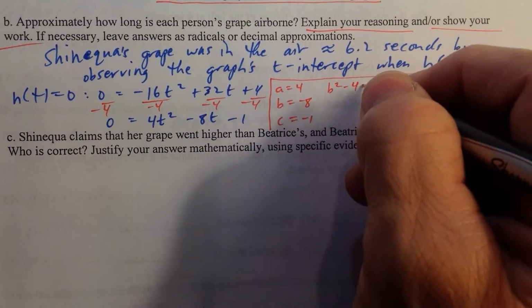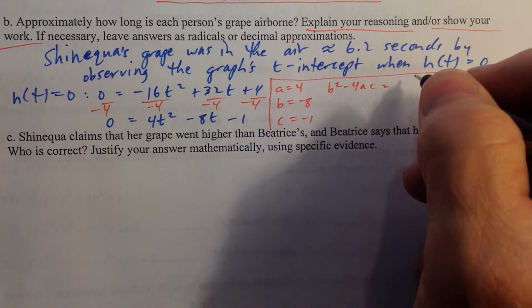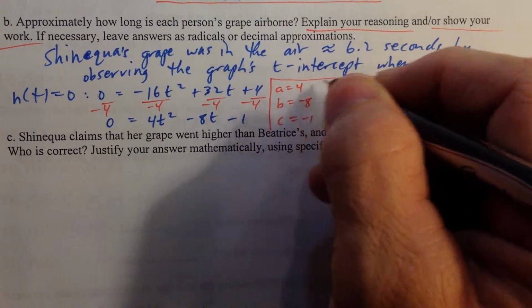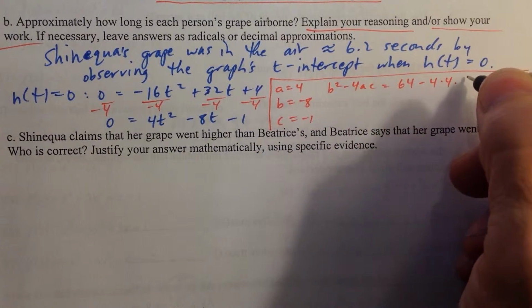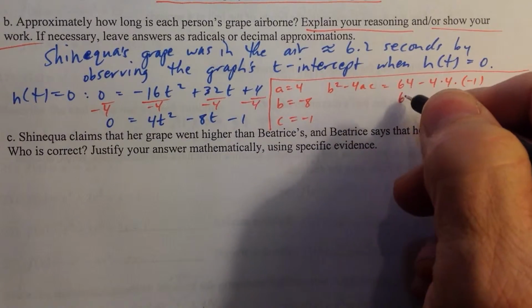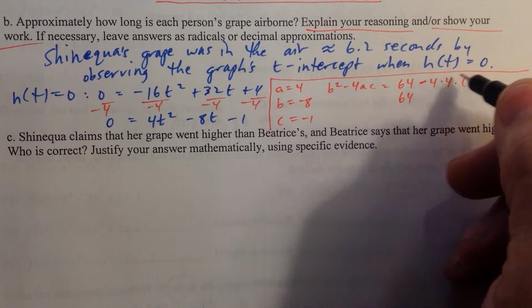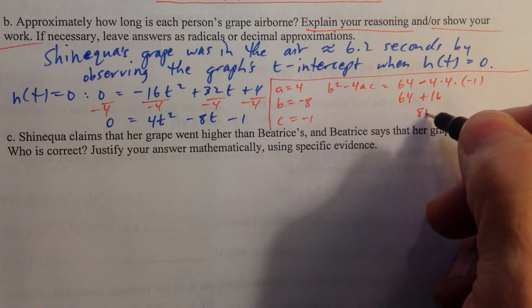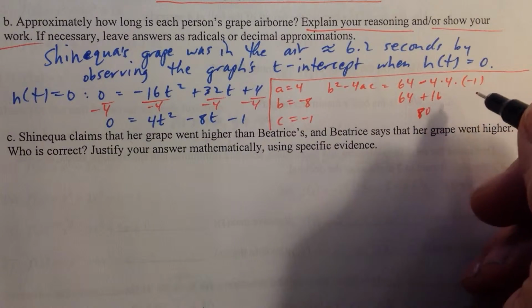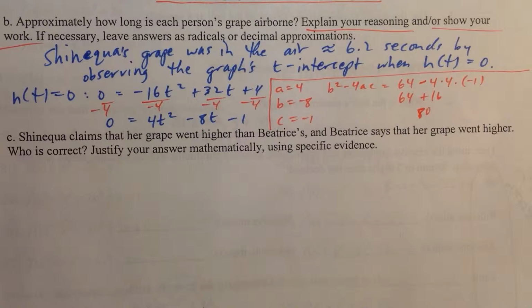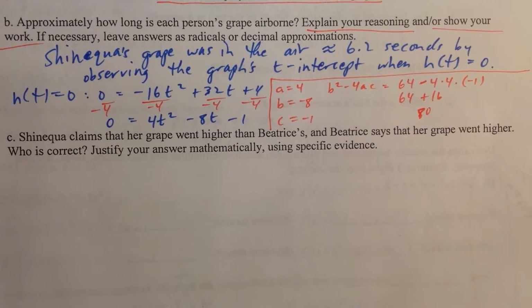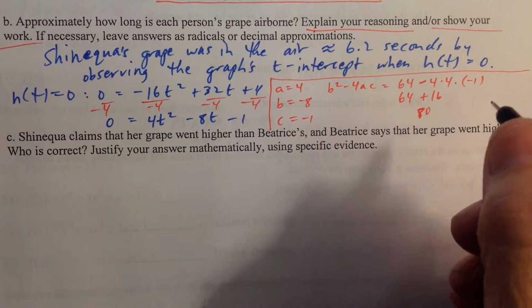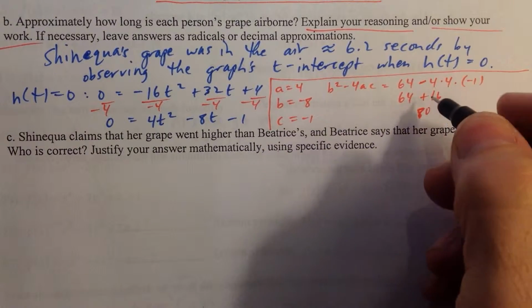So b squared minus 4ac: b squared is 64, minus 4 times a, which is 4, times c, which is negative 1. So we have 64, careful, minus minus is plus 16, and that makes 80. That's not too bad. Storage almost full. We've got to get going. So 80 is the discriminant.